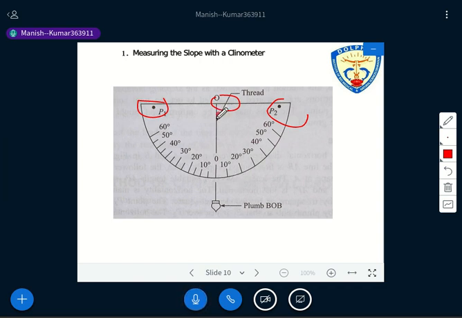Because this is required to read the angle, right? When this protractor is rotated, or gets a certain slant, the plumb bob has to move, so the angle can be located accordingly, right?